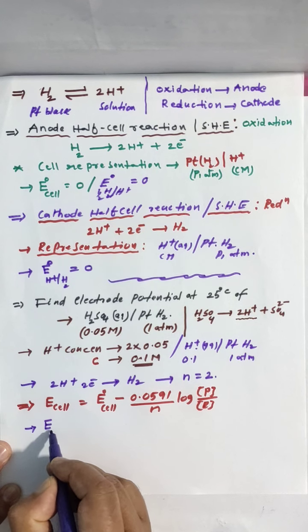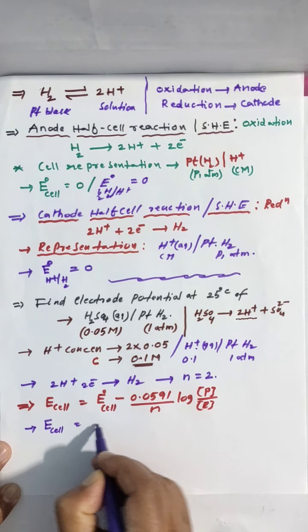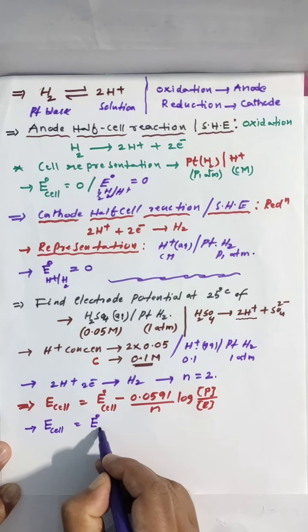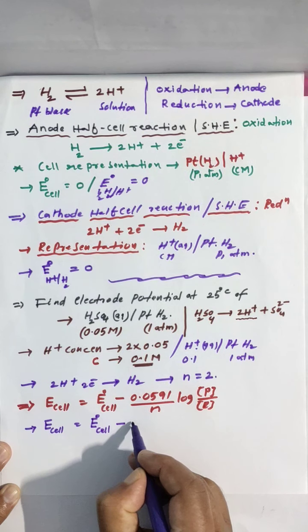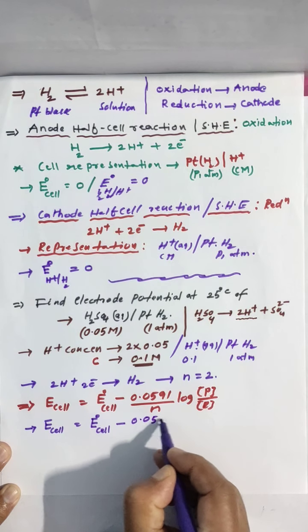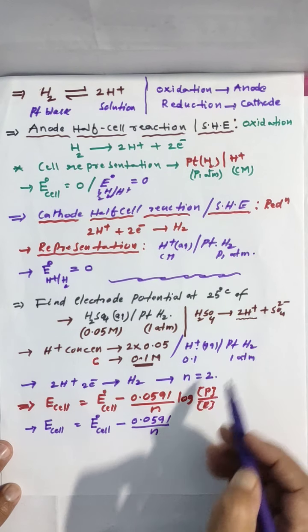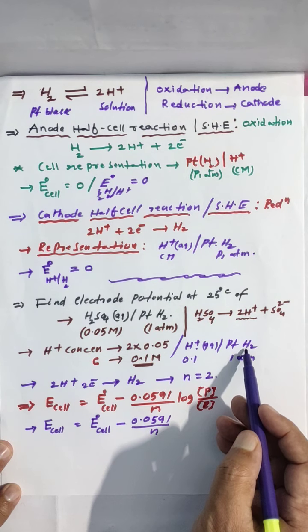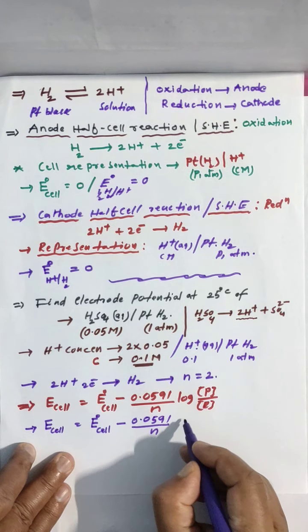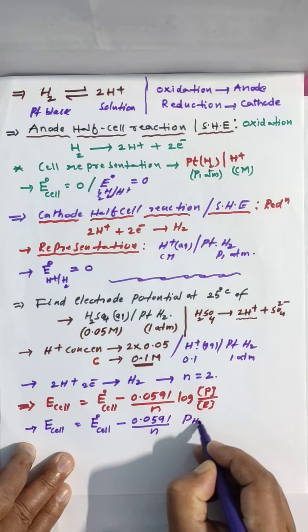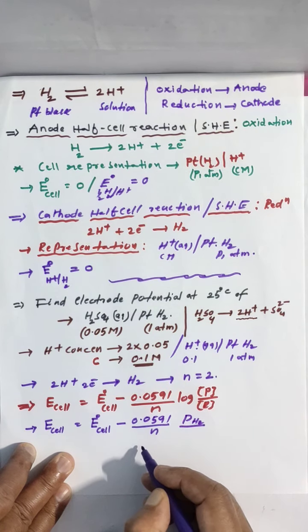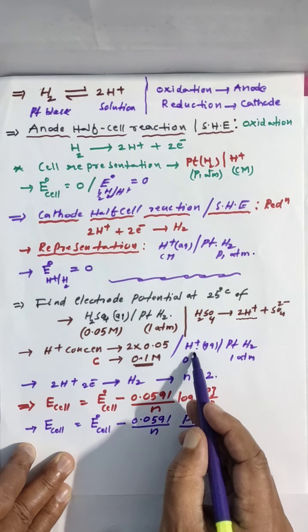E cell equals E naught cell minus 0.0591 upon n log of the product. What is the product here? Hydrogen, means partial pressure of hydrogen, upon the reactant. What is the reactant? H plus.